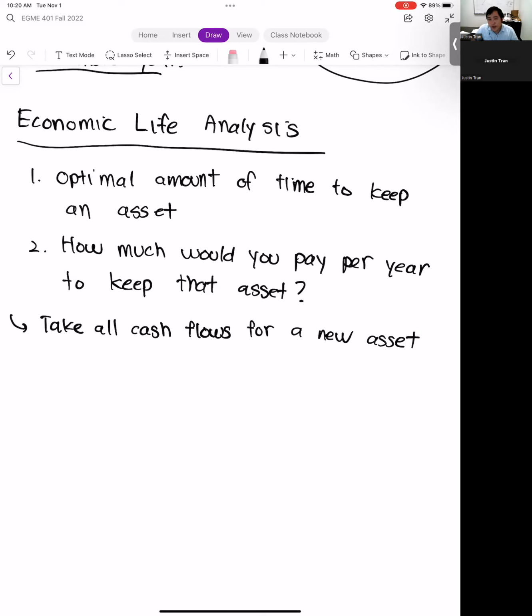All the cash flows for a new asset, and you're going to convert each of them to a uniform series. Okay. Once you convert it to a uniform series, or first of all, you're going to set up the equation for it. And so you're not actually going to compute it yet because we're going to evaluate this equivalent uniform annual cost for different values of n. Okay.